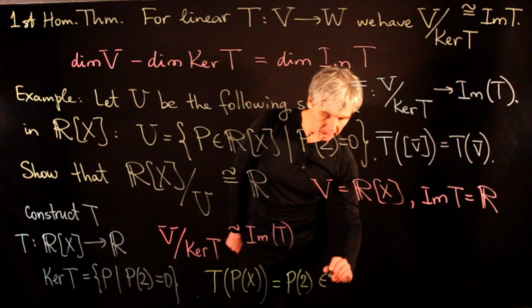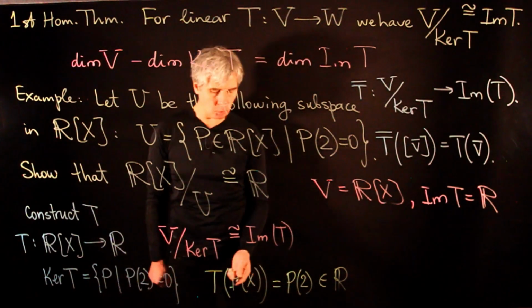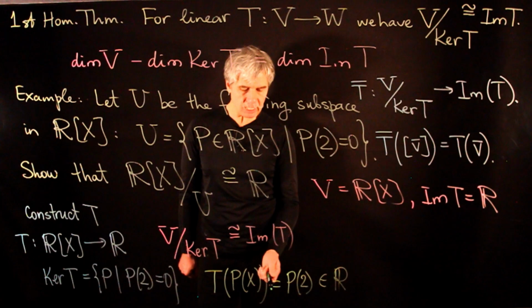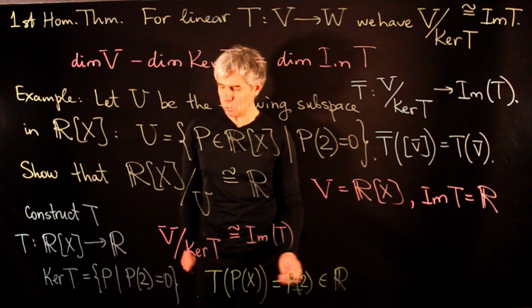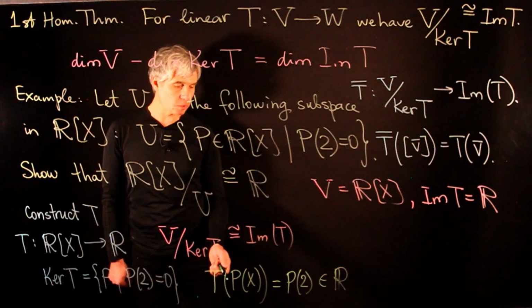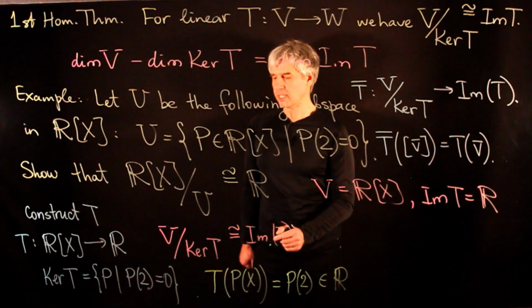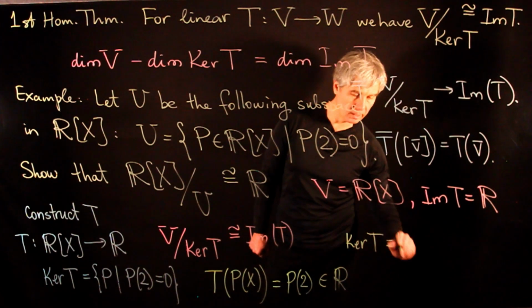So we see that the result will indeed be a real number. And what will be the kernel of transformation T? The kernel of T will be precisely polynomials with the property that P of 2 is equal to 0. So this means that the kernel of T is precisely our subspace U.